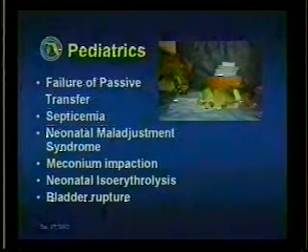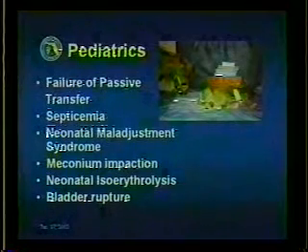So these foals can be born fairly normal and then gradually become weaker and weaker. So therefore, whenever a foal is presented weak, this is a very important differential between septicemia and neonatal maladjustment syndrome. Also because the outcome will be very different.